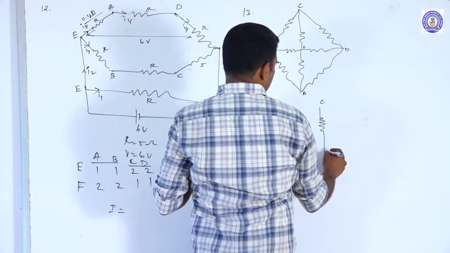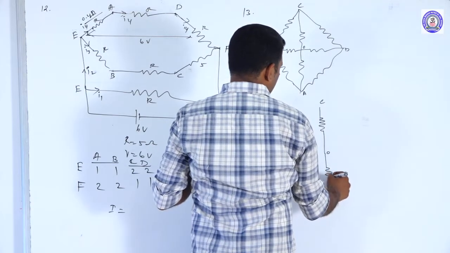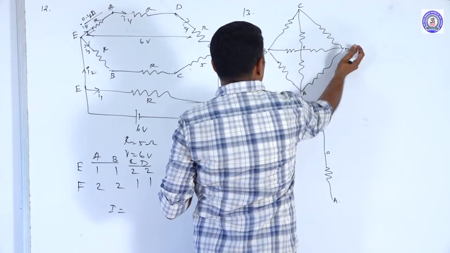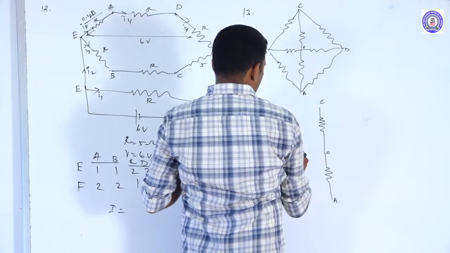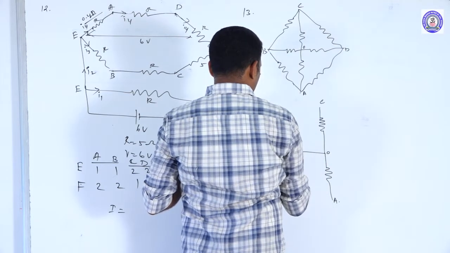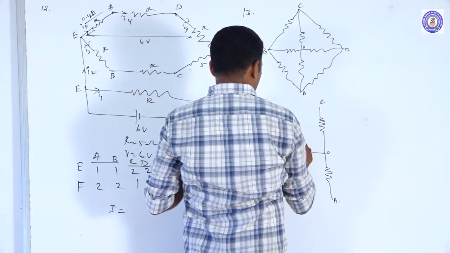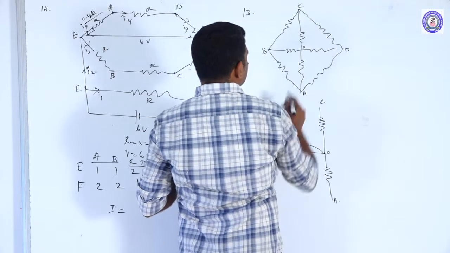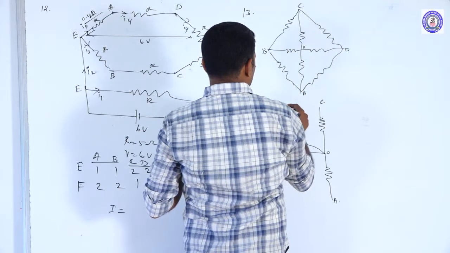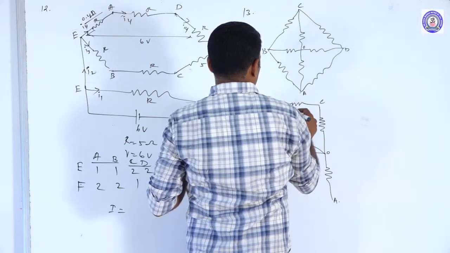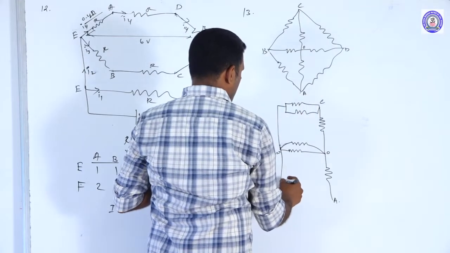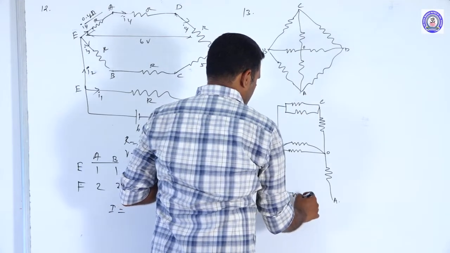This point is C, this point is O, and this point is A. Now I connect these 2 points at common potential, B and D. These two resistances come in parallel and are connected to BD. In the same way, these two resistors come in parallel and are connected to BD.